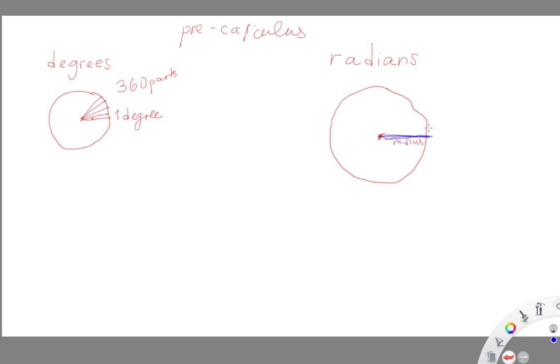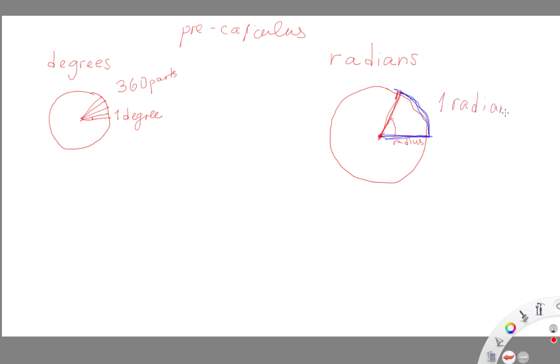We take that radius and we stretch it along the circumference of the circle. We stretch it here. Okay? So this line I take and I just stretch it out here. The angle that I get here is called 1 radian.